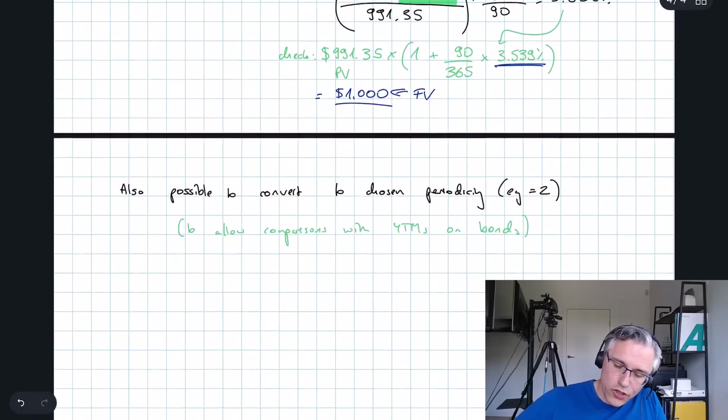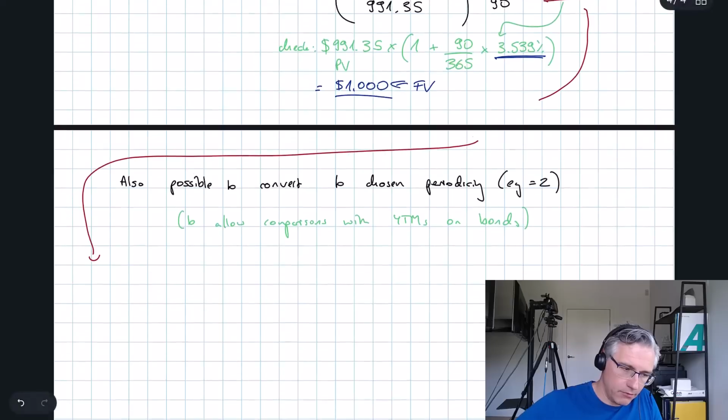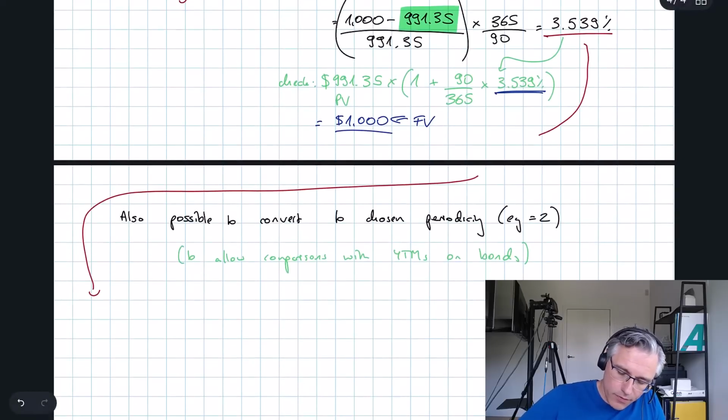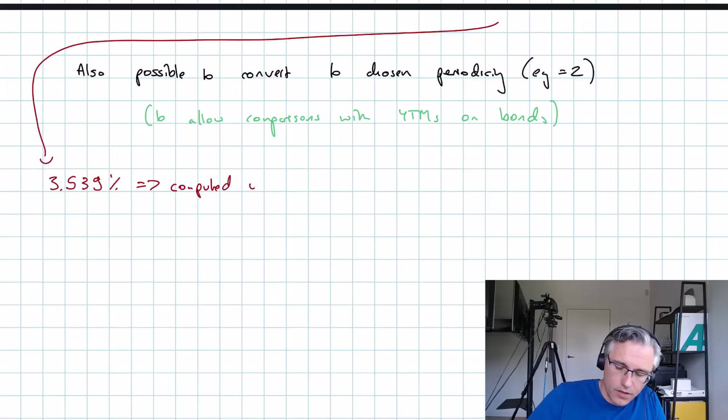So what we just did over here, this rate, okay, let me drag it down. This 3.539%. This is absolutely computed using simple interest, i.e. no compounding.